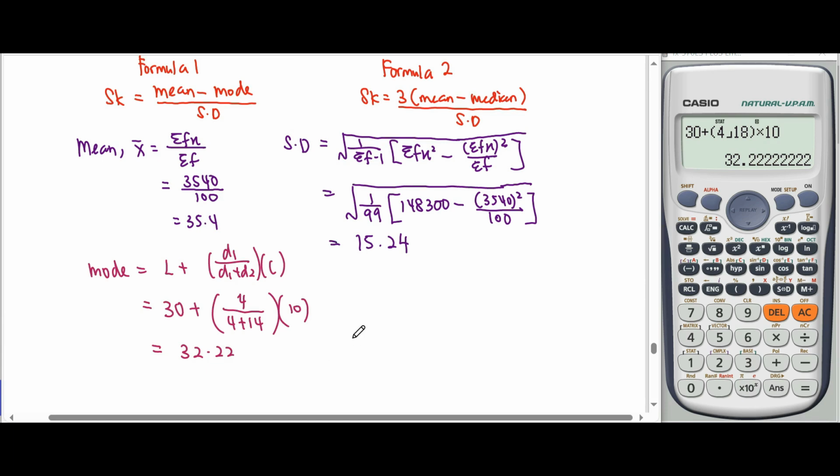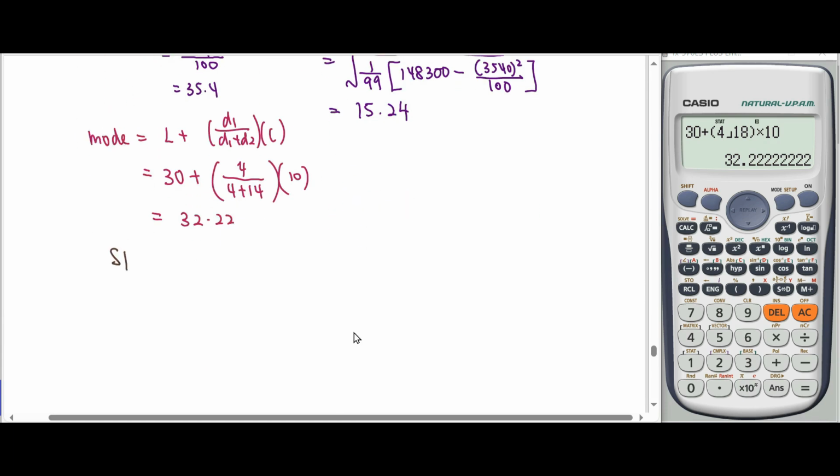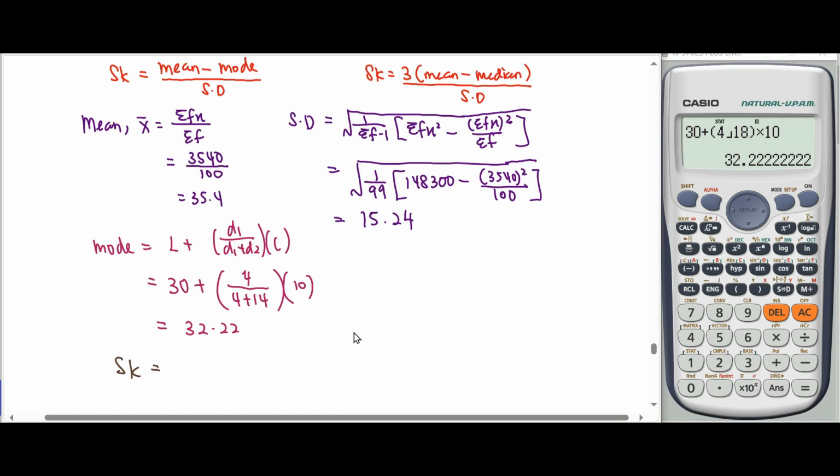For this formula number 1, Sk equals to mean minus mode, divided by standard deviation, 15.24.